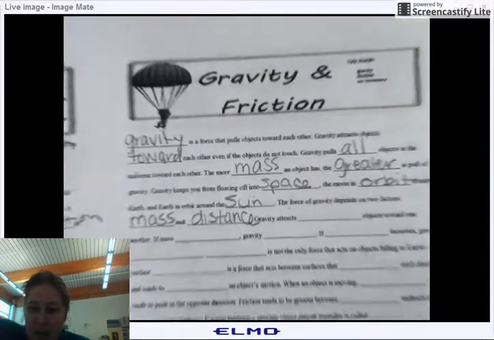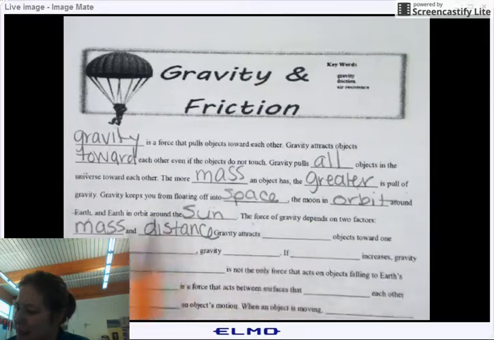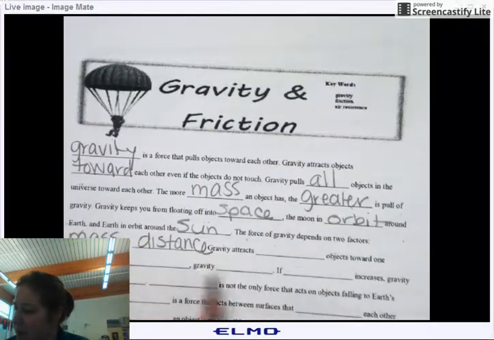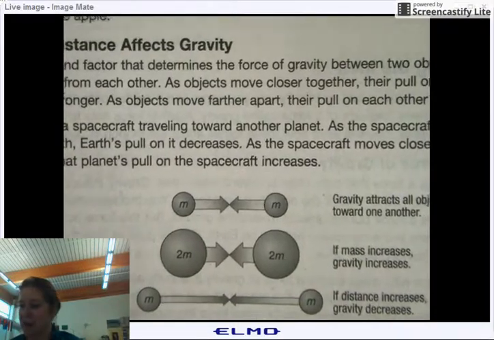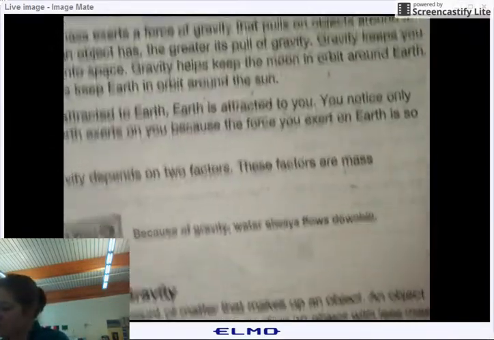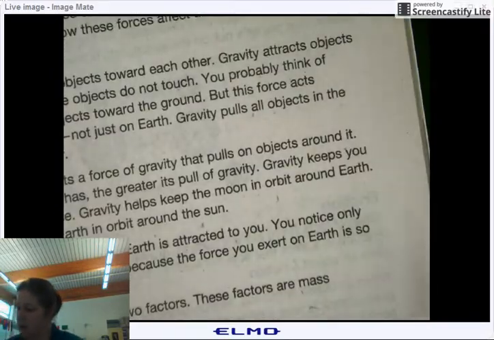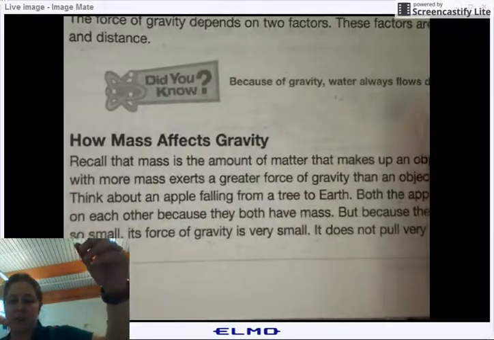Gravity attracts blank objects towards one another. Let's come back to that. If mass blank, gravity blank. Okay, let's see if it's tied to this paragraph. Oh, sorry, you can't see. Let's see if it's tied to this paragraph right here.